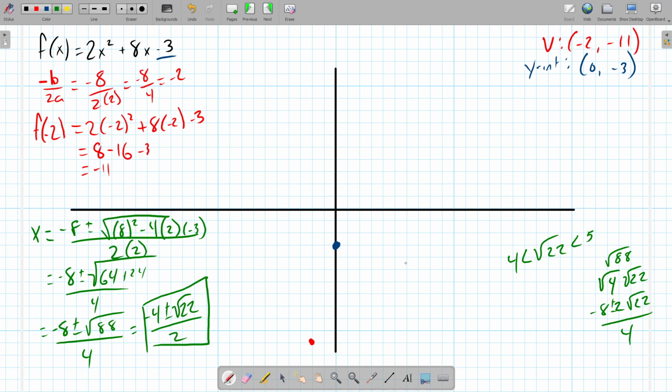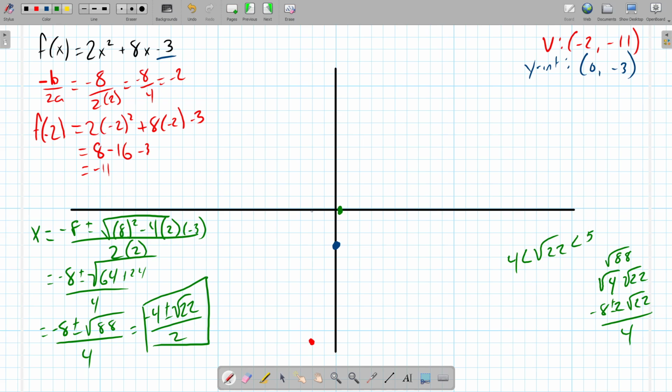And if I divide by 2, I have something just a tiny bit bigger than 0. So we're gonna approximate and say right about there. If I take negative 4 and I subtract something a little bit bigger than 4, I'm at negative 8 point something, and if I divide by 2, I'm at negative 4 point something.